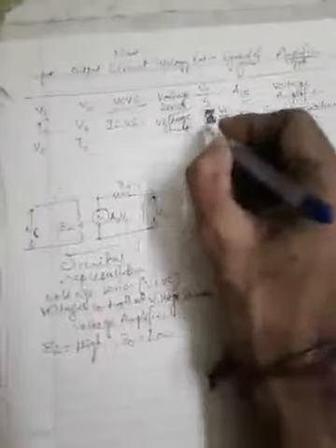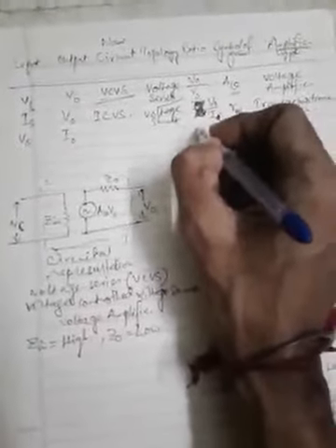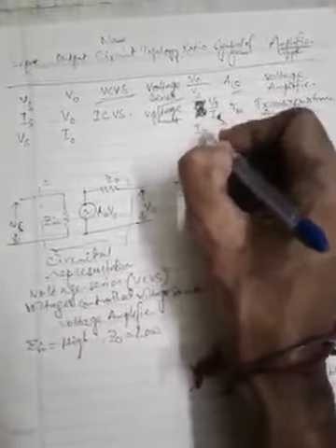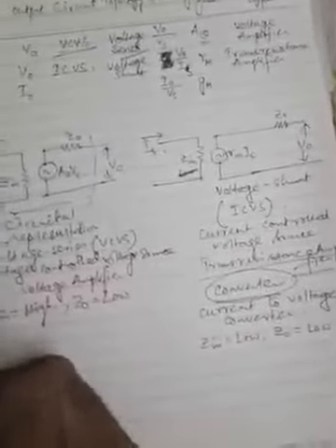Therefore the ratio, which is called gain, should be IO by Vs, and it is denoted by small gm. So small gm is IO by Vs. If we want to draw this circuital representation, it should look like this.